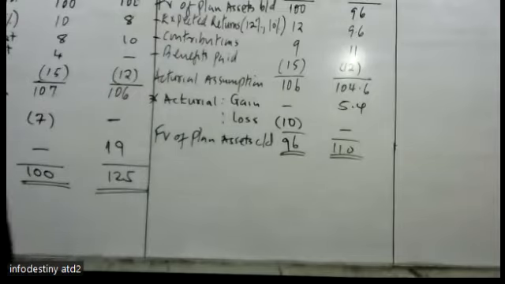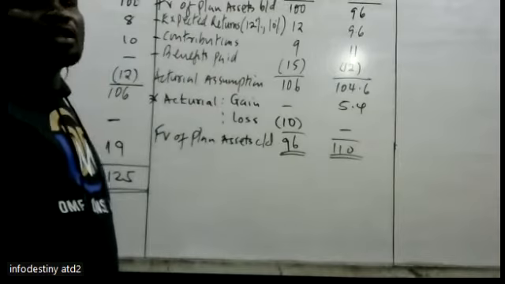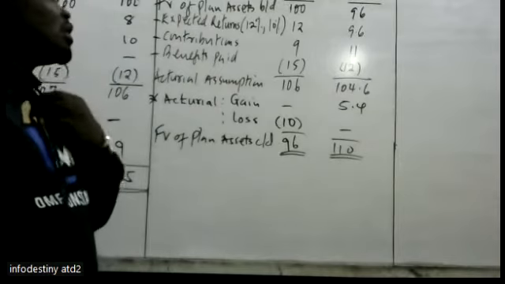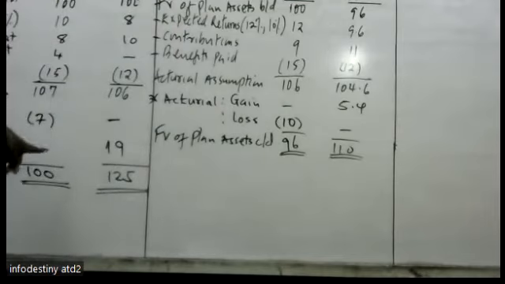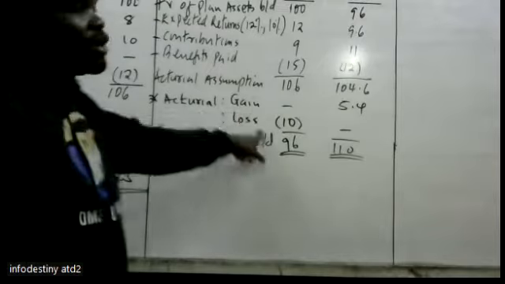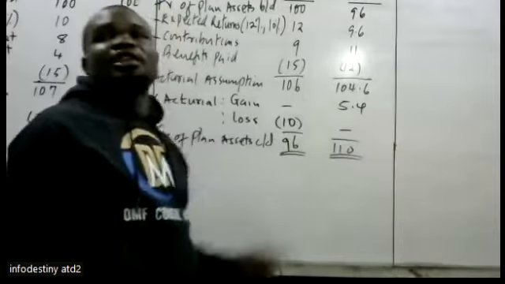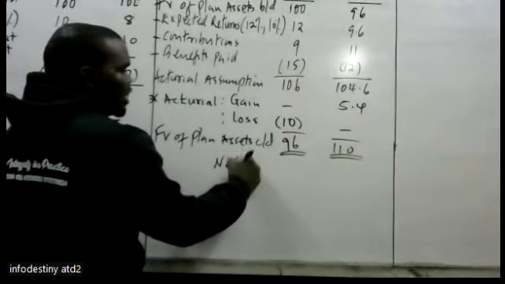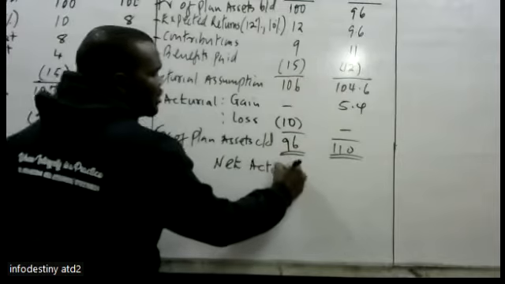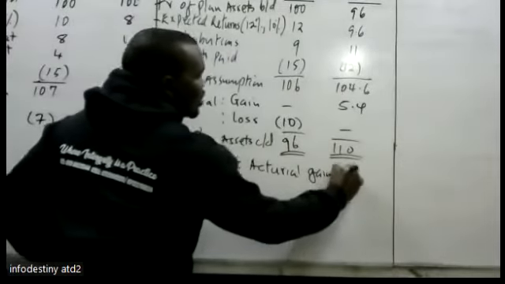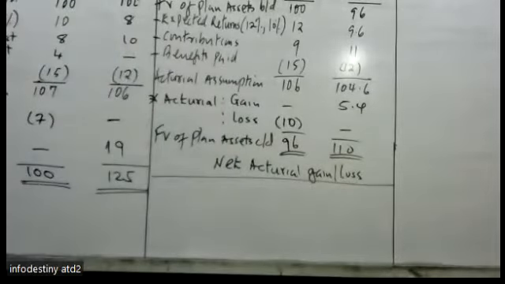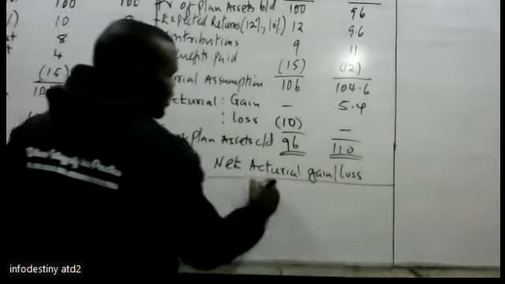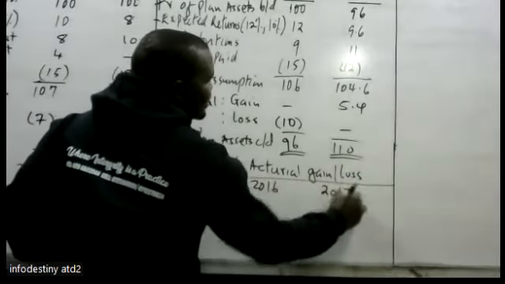Then now, what the standard requires, in the same scheme, on the obligations we gained, we lost. We lost, we gained. Get for us the net position. So net actuarial gain or loss, 2016, 2017.